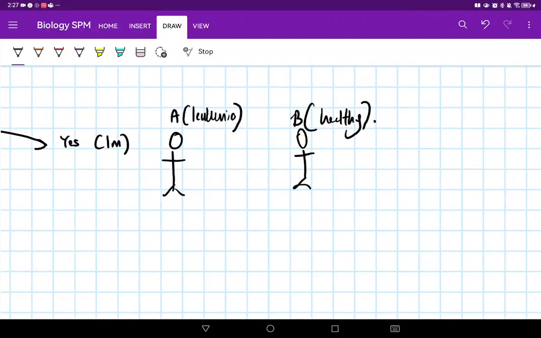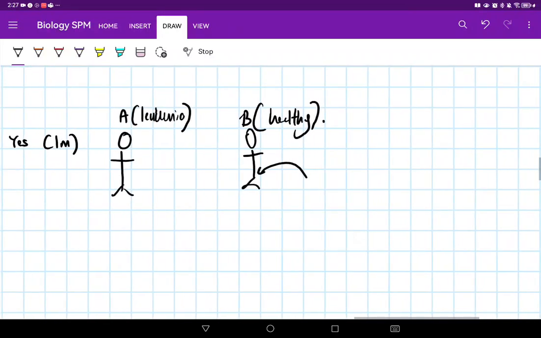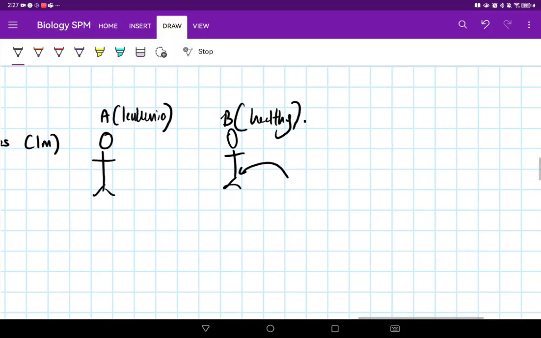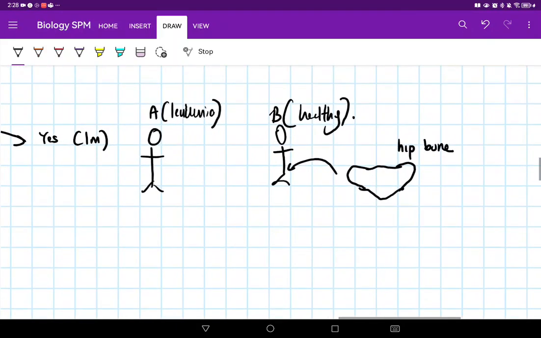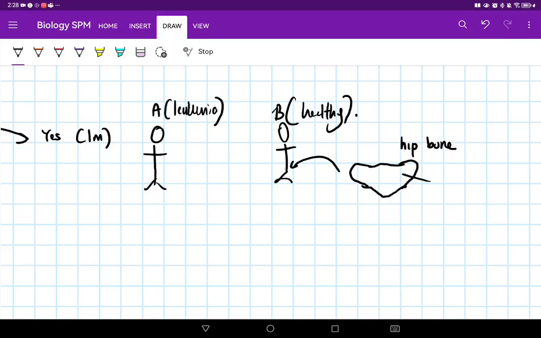So what they will do is that they will take the bone marrow, okay, from the healthy person's pelvic. Pelvic means hip bone, basically your hip bone. So they will use a syringe or something, they will take out the bone marrow.